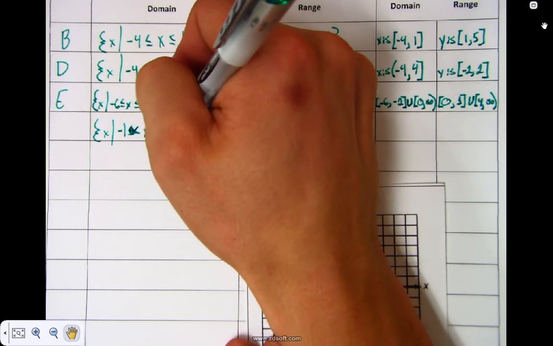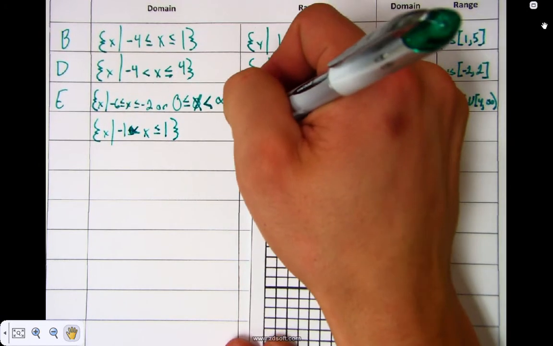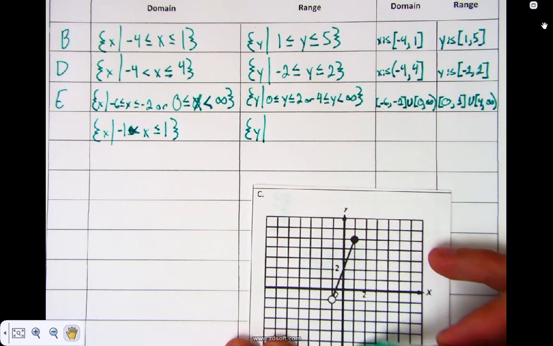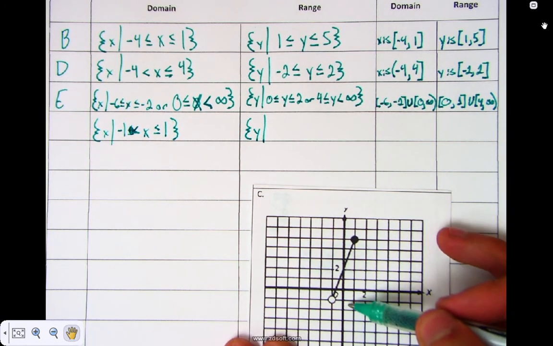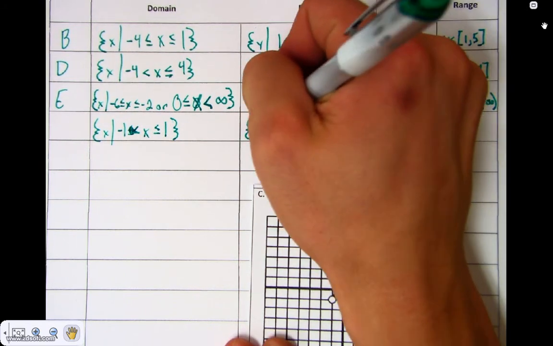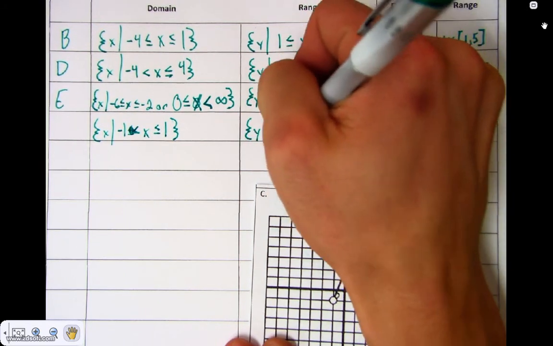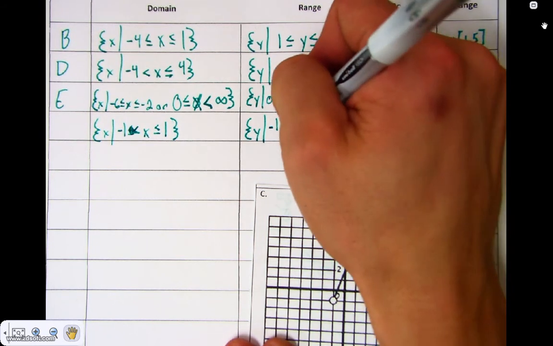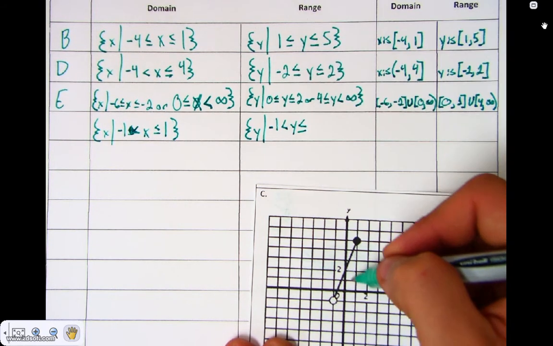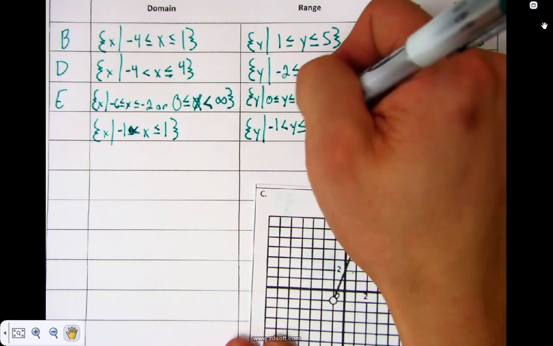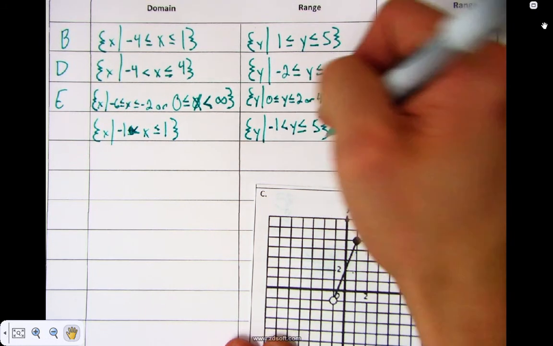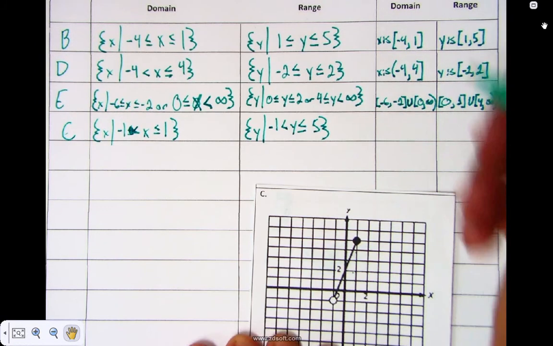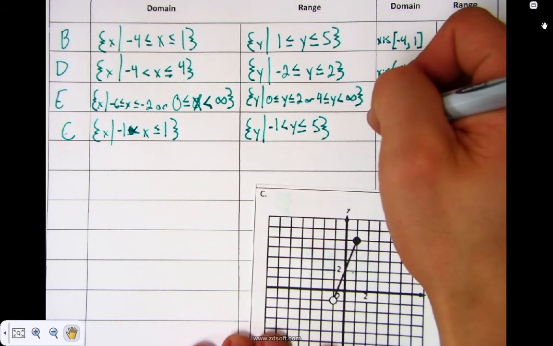There's that. The next one, I'm going to do my range, y, such that, and coming from the bottom, first point I reach is -1. Again, it's an open dot, so strictly less than y, and then, which is less than that closed dot, less than or equal to, what is that, 2, 4, 5. Alright, this is graph C. So if I'm going to write it as an interval, it's easy.